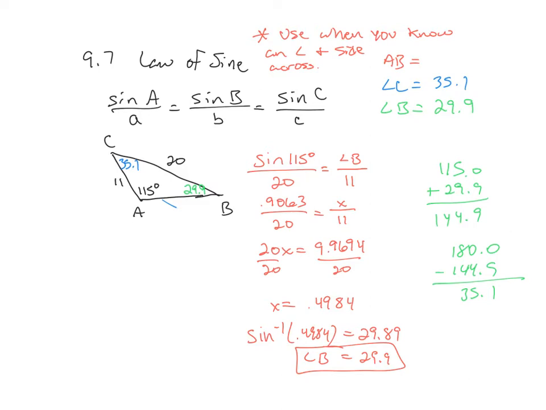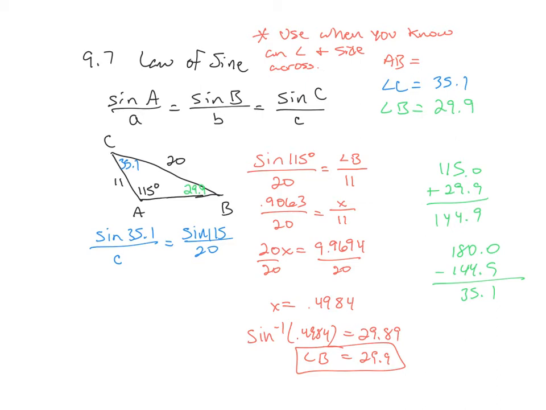On every problem, you're going to have to do law of sines twice. So if you did sine of 35.1, then C is on the bottom. I would go back to using the 115 and the 20, just because 29.9 technically is rounded off, and so is 35.1.